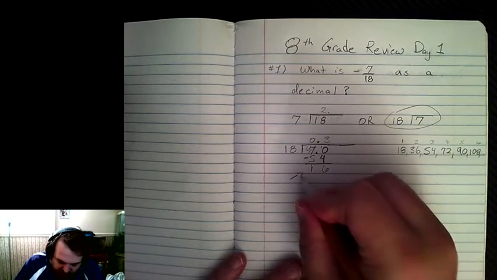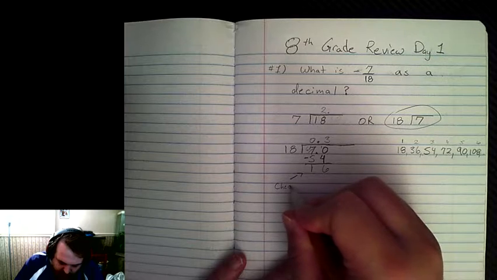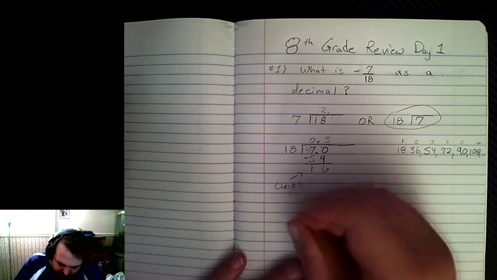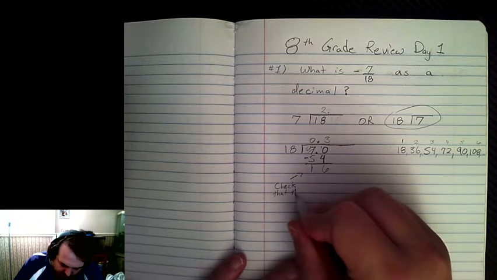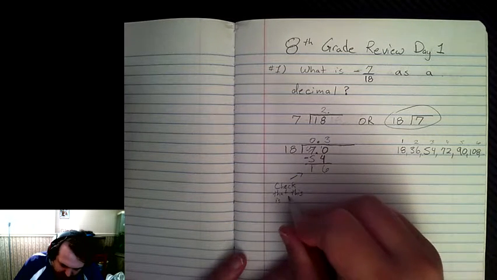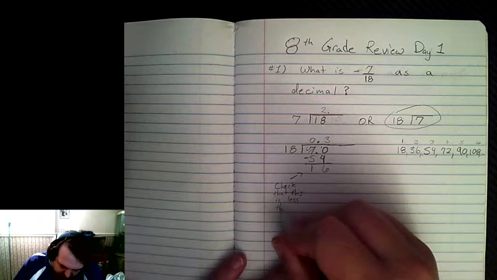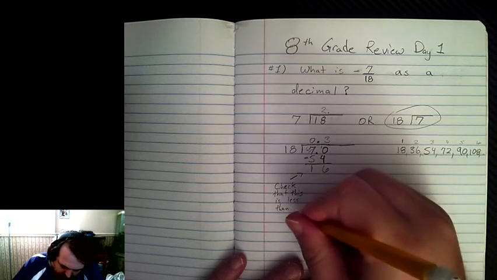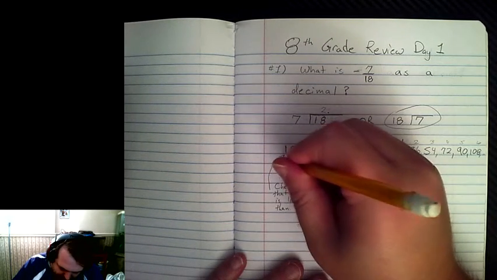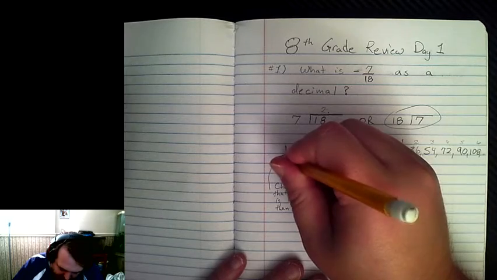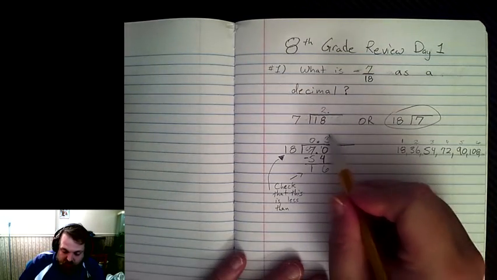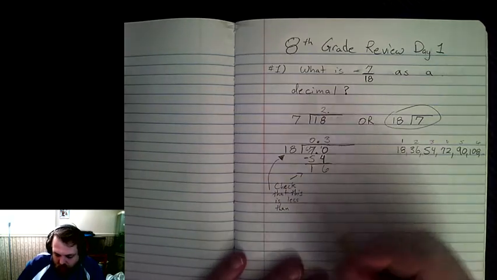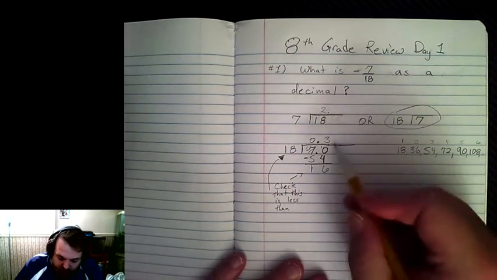So we want to check that that is less than it needs to be less than that number right there. Okay? If it's greater than, that means we need to increase that number by 1 or more, and then try again.